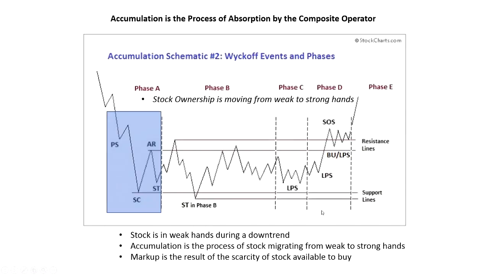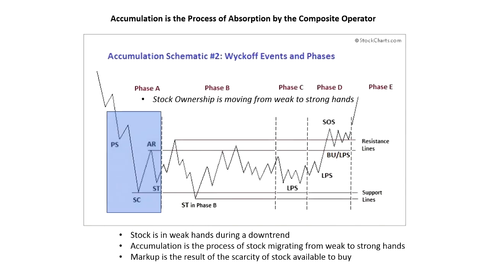And this is where we want to get active with our trading. We're watching the market in phases A and B. They're very volatile phases, and people who try to trade there often lose money because of the sudden swings up and down. But when you get over to phases C, D, and E, the stock has been absorbed, which causes prices to get dull and quiet.